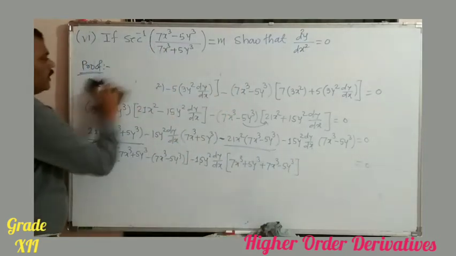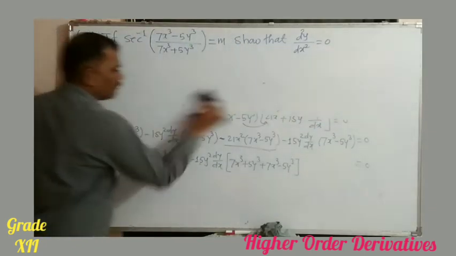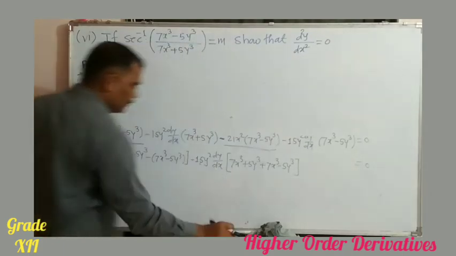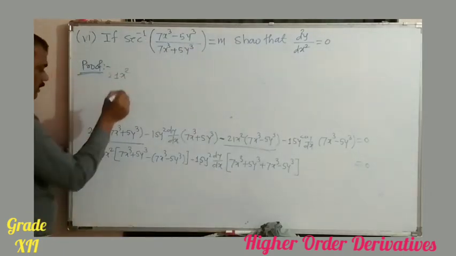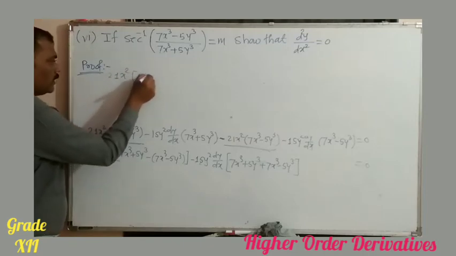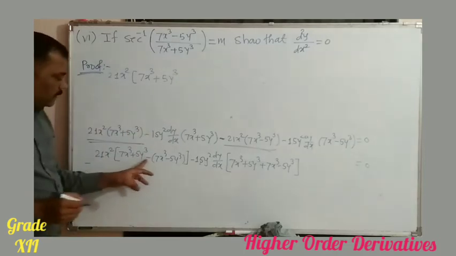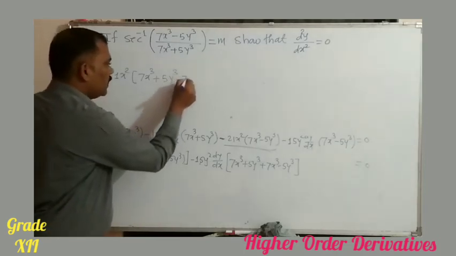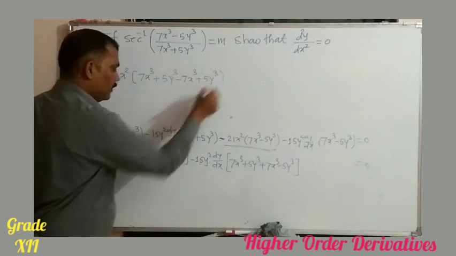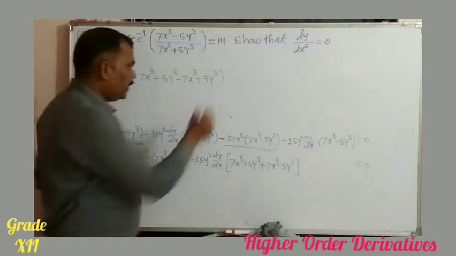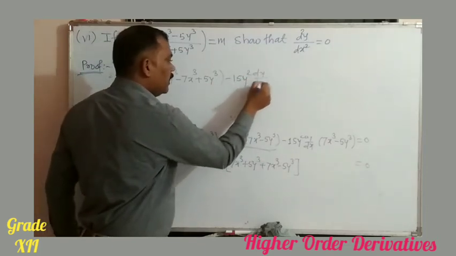So what we get here is 21x² into (7x³ + 5y³). If we open this bracket, the minus sign goes inside: minus 7x³ plus 5y³. Here what is remaining? Minus 15y² dy/dx.